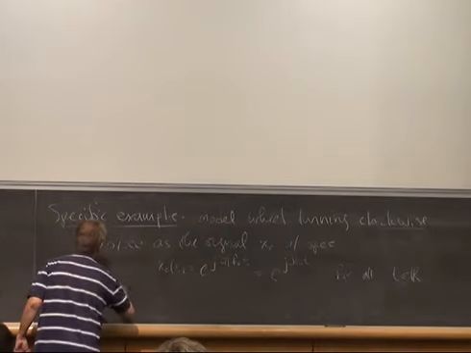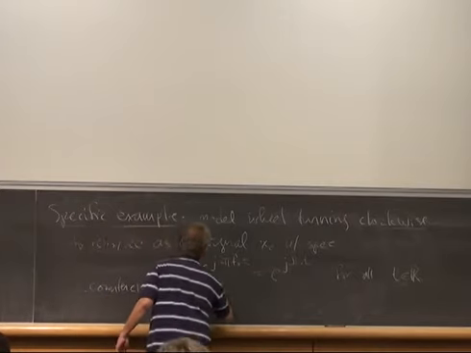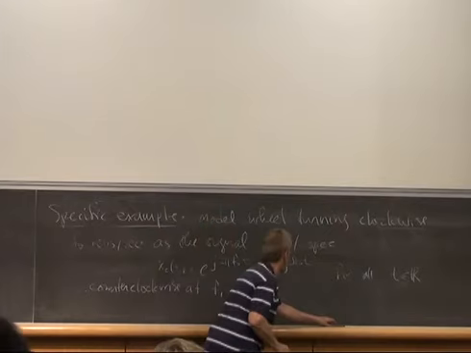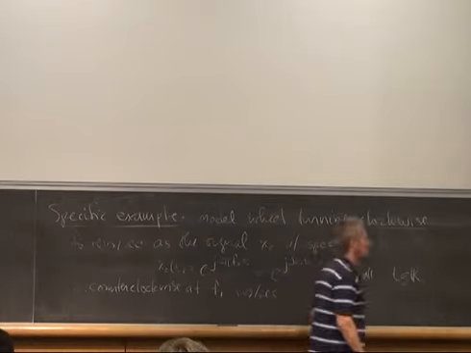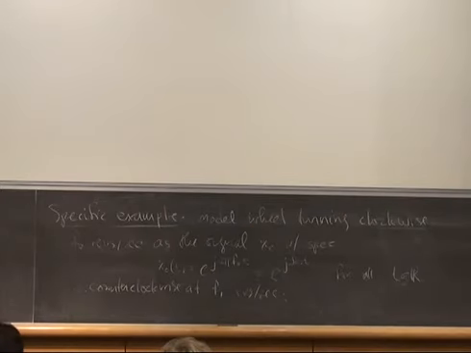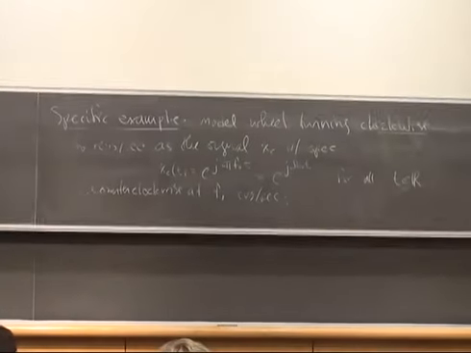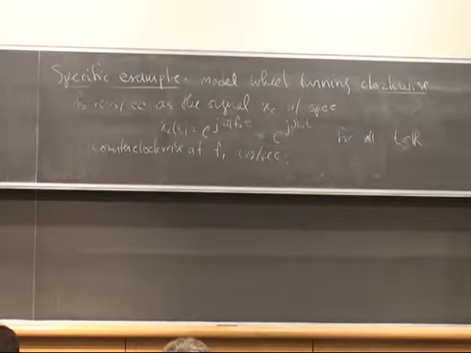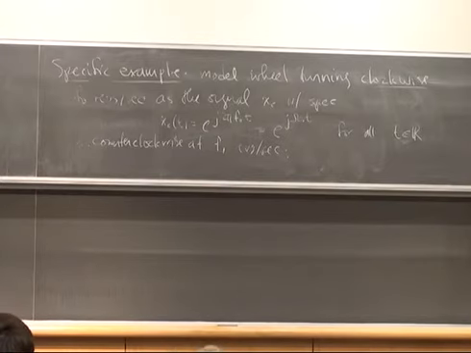So counterclockwise at f1 revs per second is going to be modeled by the continuous time signal xc of t equals e to the minus j 2 pi f1 t for all t.